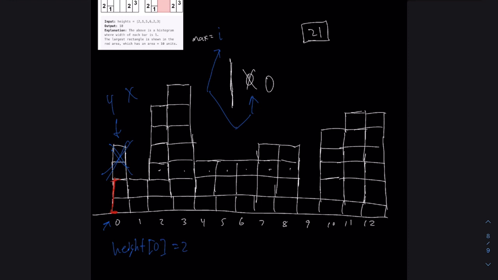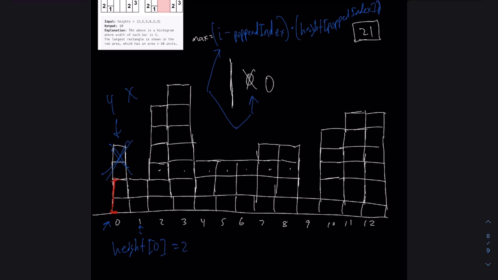So I'm going to just say I is the current index. So right now, I is over here, minus the popped index, multiplied by the height at the popped index.